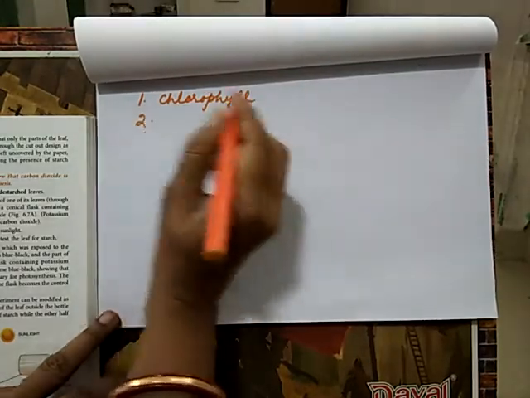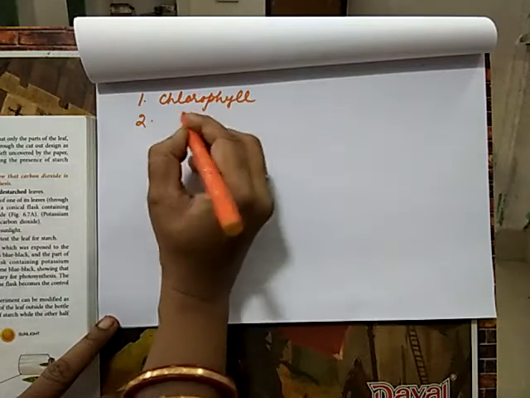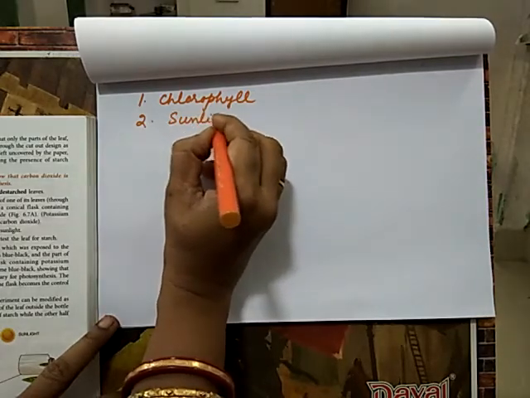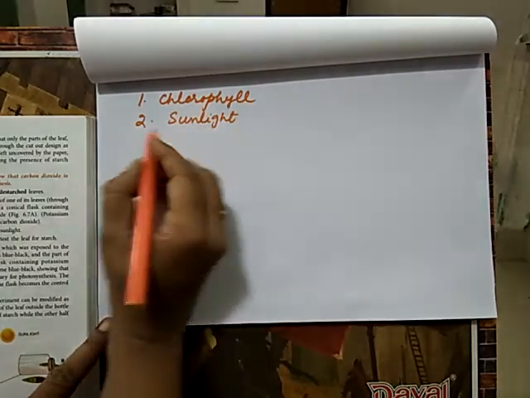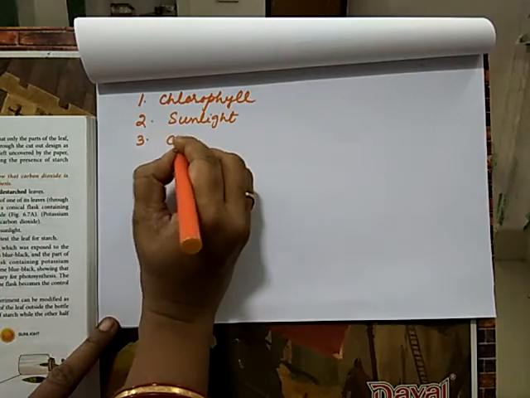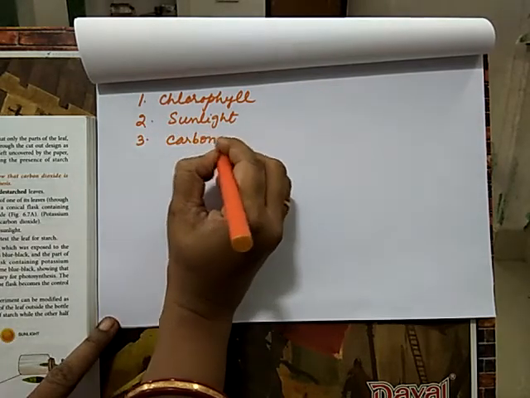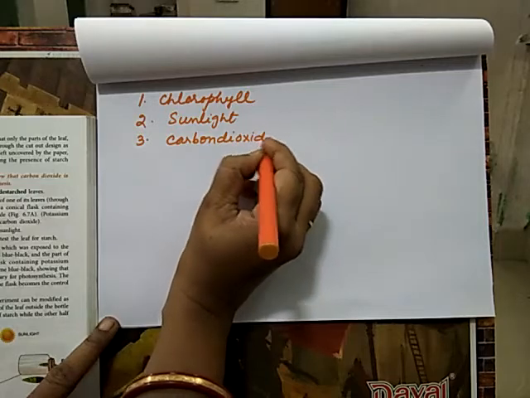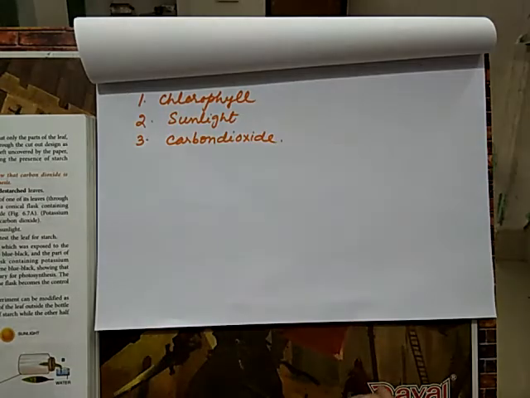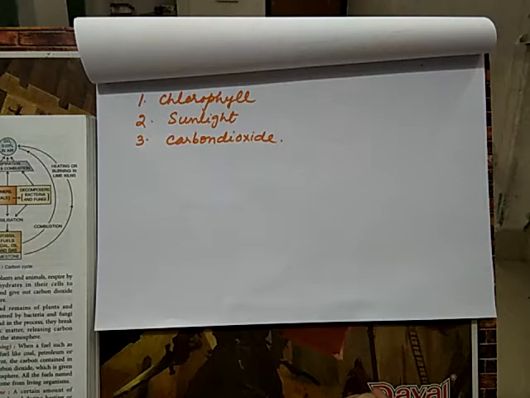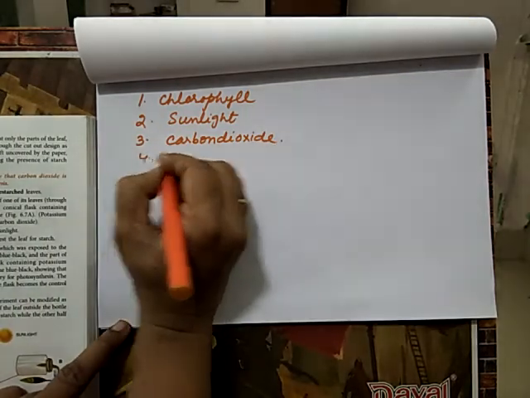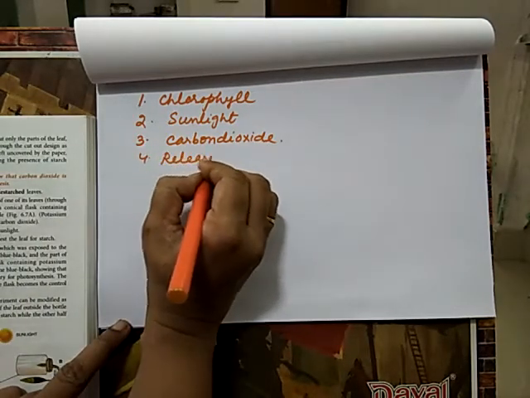One is the necessity of chlorophyll. The second is the presence of sunlight, and the other is the necessity of carbon dioxide. These three are given, and the fourth one is the release of oxygen.